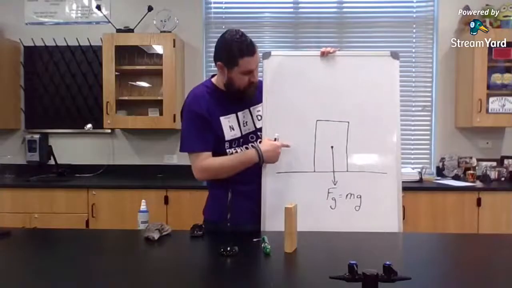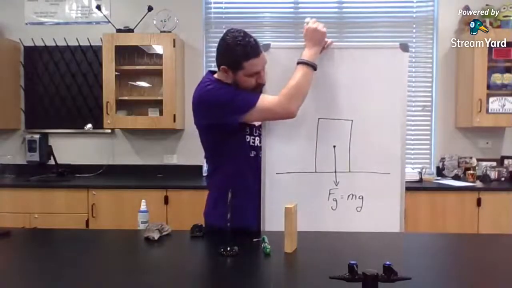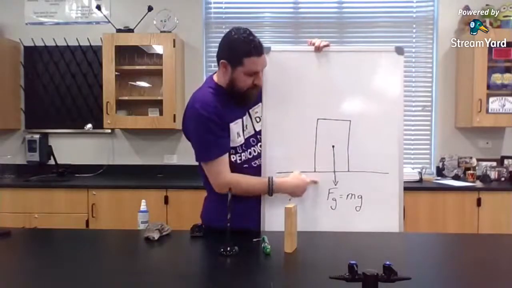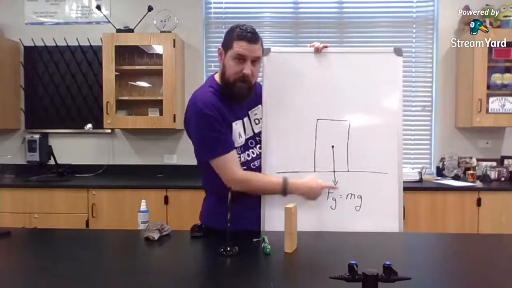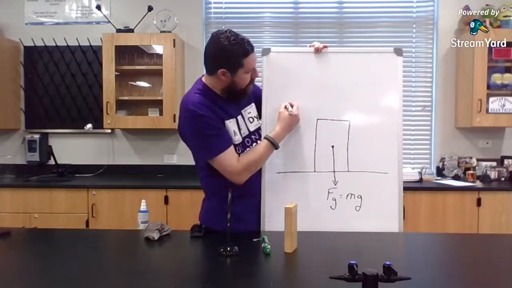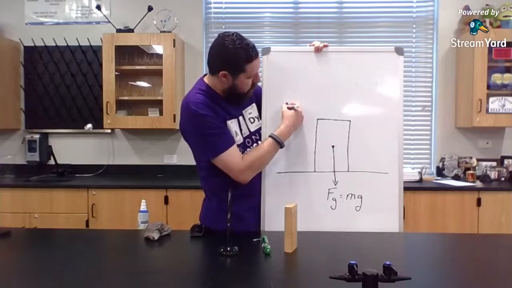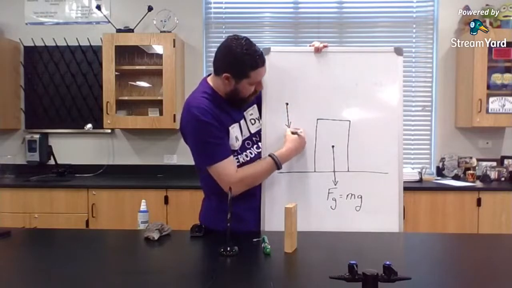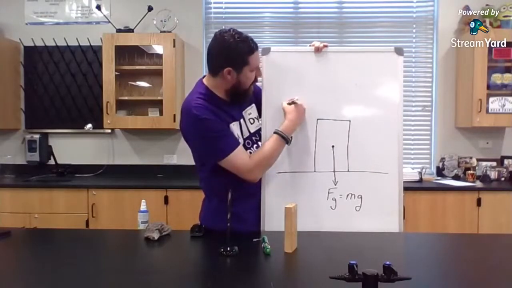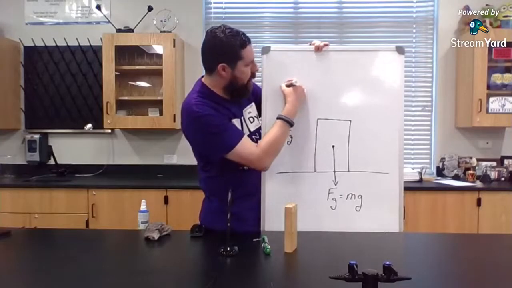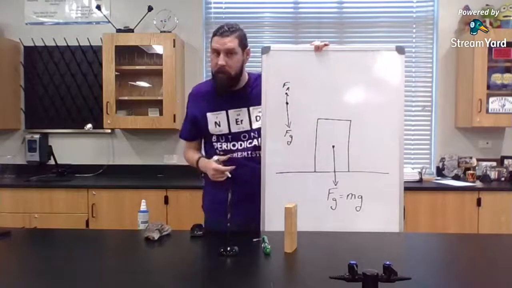So again, I have my box sitting on the table, force of gravity acting downwards. But now, in addition to that force of gravity, I apply a small force upwards.